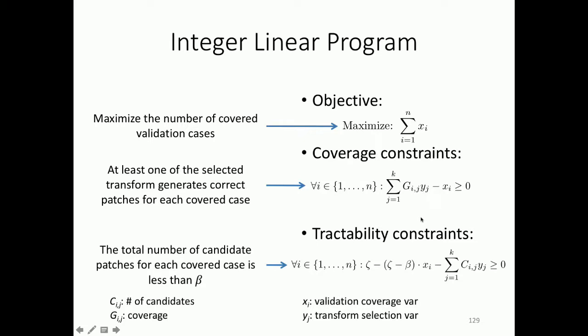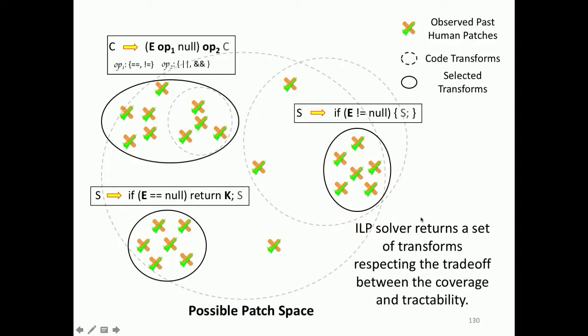So with those formulas, we can ask an off-the-shelf ILP solver to return the optimal set of transforms that respects the trade-off between coverage and tractability. And this will be the final set of transforms we're going to use to generate patches and drive the patch generation process. So let's see what kind of results we can get with these inferred transforms.